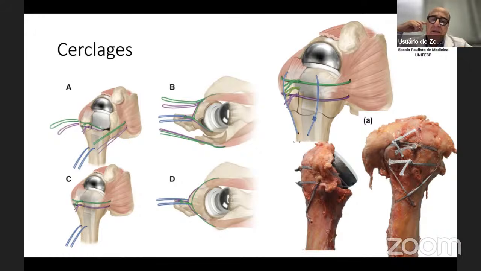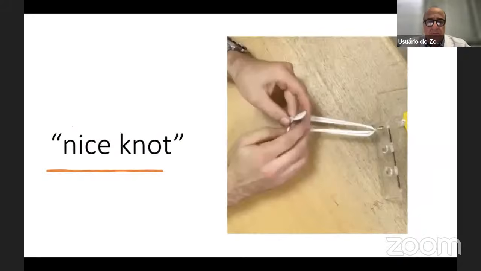You have to remember that these stems are made for this situation, so you can make a very good reduction with all the tuberosities. And we also do two sutures in the tuberosities, the lesser and the greater tuberosities, to the diaphysis to make them very well fixed around the prosthesis to have a great healing.